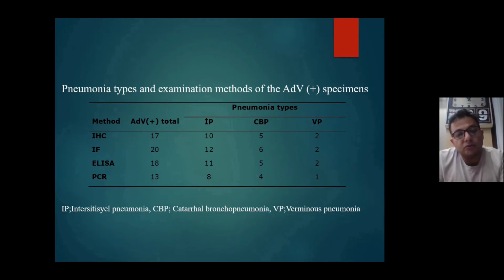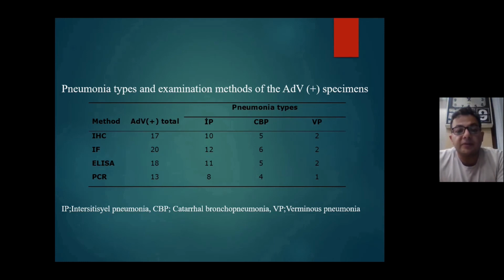By ELISA methods, 18 positive specimens. By PCR methods, 13 adenovirus-positive specimens. Pneumonia types by immunohistochemical methods: interstitial pneumonia, 3, catarrhal bronchopneumonia, 5, verminous pneumonia, 2.